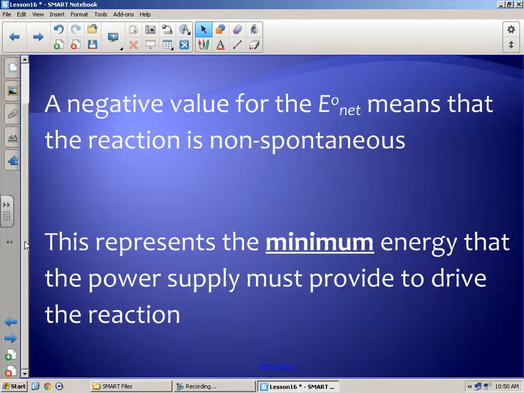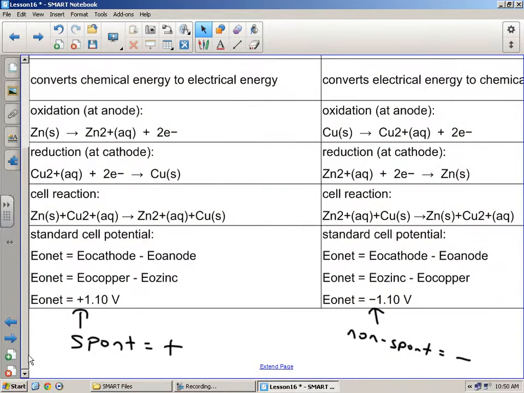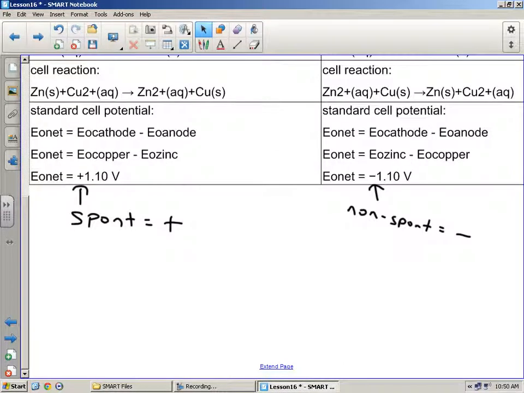This represents the minimum energy that the power supply must provide to drive the reaction. So, for example, back to this one here, this is a minus 1.10 volts.